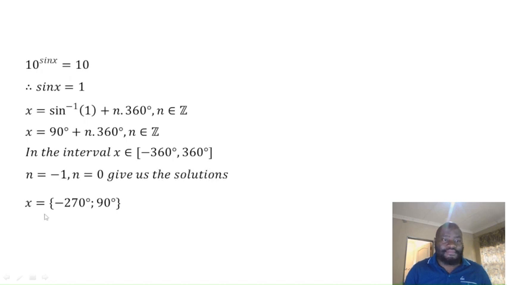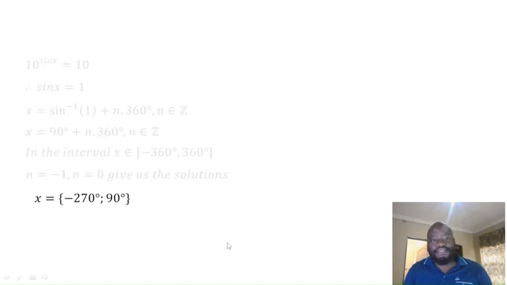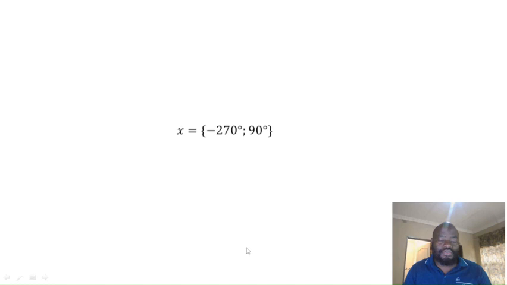So we will find that the two values for n that give us these two values that are in between here are n equals -1 and n equals 0. And they give us x equals -270 degrees and 90 degrees. So that is the final solution to our equation.